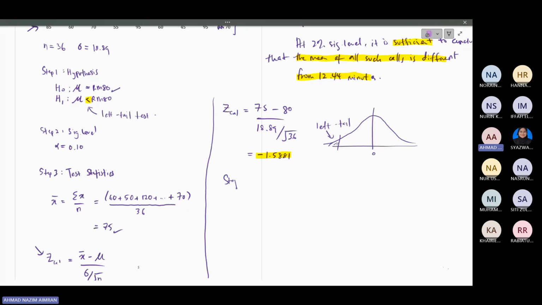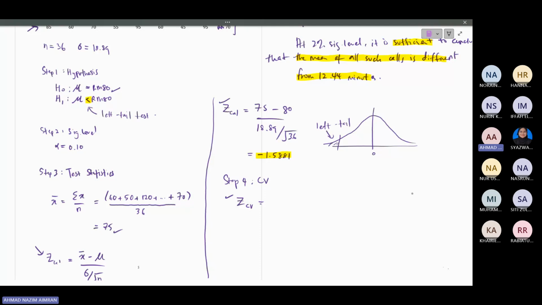Step 4 is to find the critical value, ZCV. If you use the Z calculated, then you have to compare it with the Z critical value.